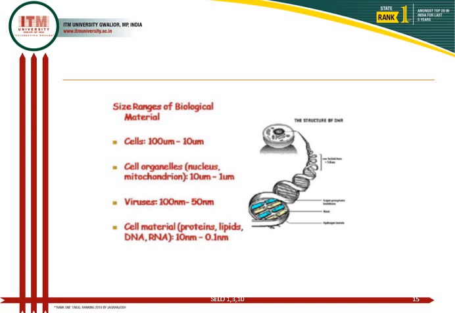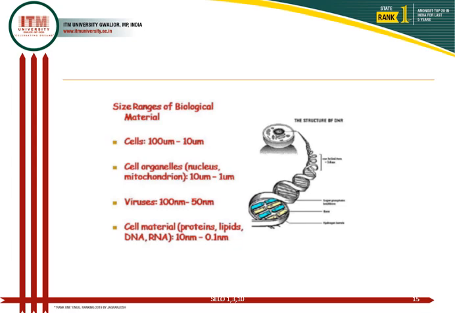The range of biological materials is indicated here. Cells are about 100 micron to 10 micron. From 10 micron, we have the nucleus and mitochondrion. From 10 to 1 micron, those are called cell organelles. The virus has a dimension much smaller than this, 100 to 550 nm.